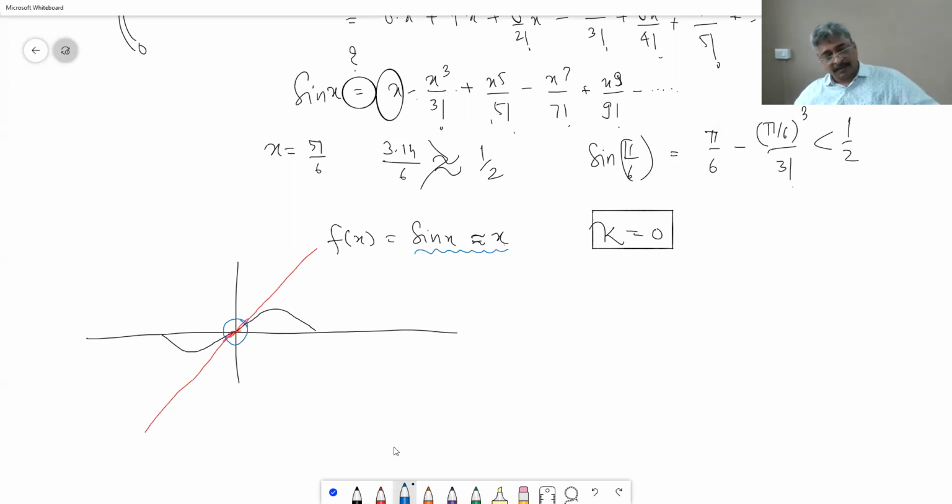Okay. Next level, second level. I am not okay with it, because how can I say a straight line at 45 degrees is something similar to sin x? If you are taking only one term, what best we can say is they behave well in the vicinity of 0.